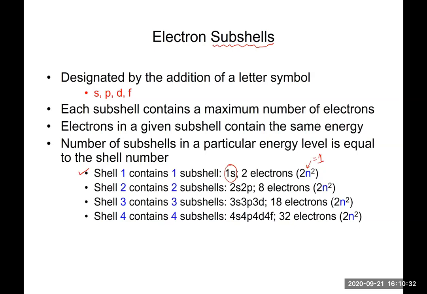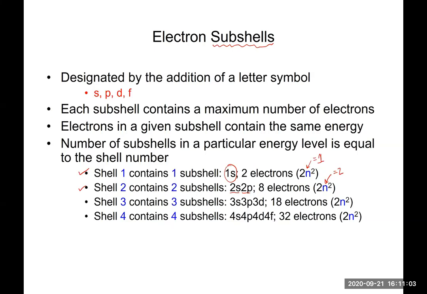Let's think about shell 2 now. Shell 2 contains 2 subshells. Contains 2s, that's one of its subshells, and 2p, that's its other subshell. A total of 8 electrons, because we're talking about plugging in 2 here. 2 squared is 4, and 2 times 4 equals 8.